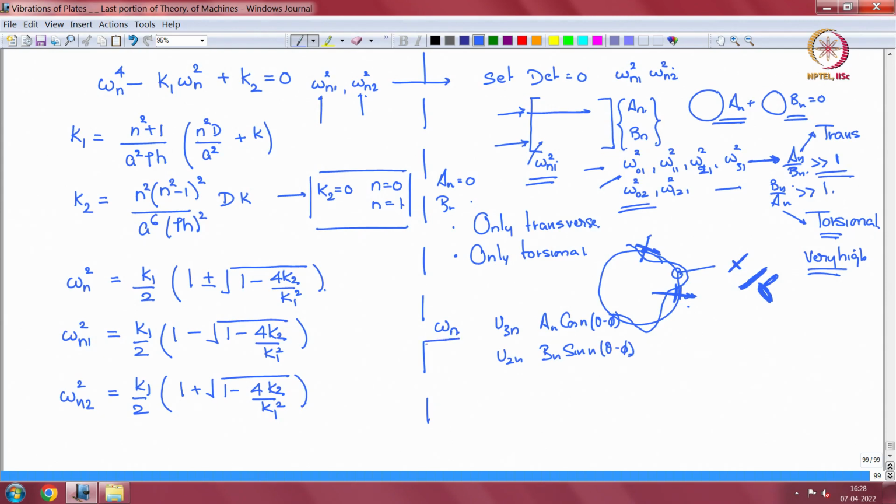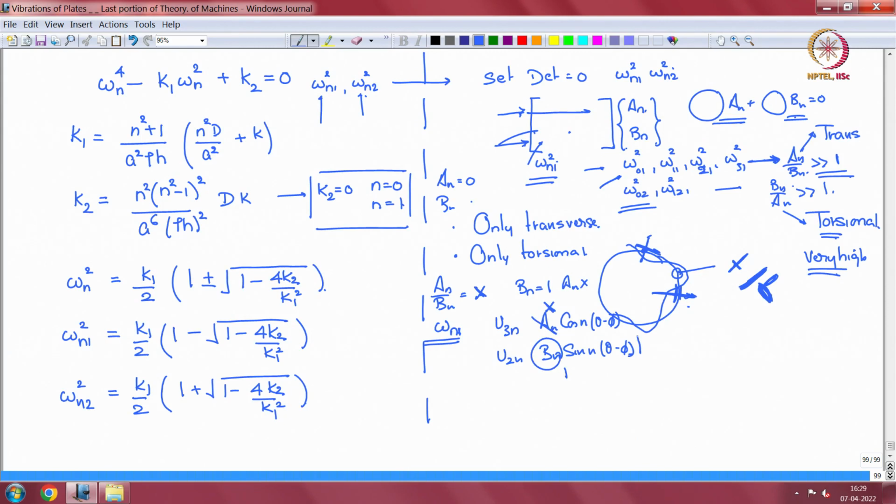You substituted that particular omega n, let us say the first set, then this matrix became singular and you found the an to bn relationship. So, if I say an by bn is some value x, I take bn to be 1 and an to be x.